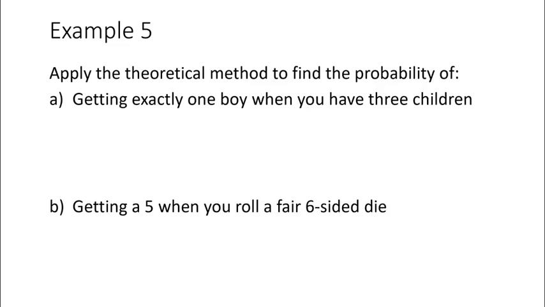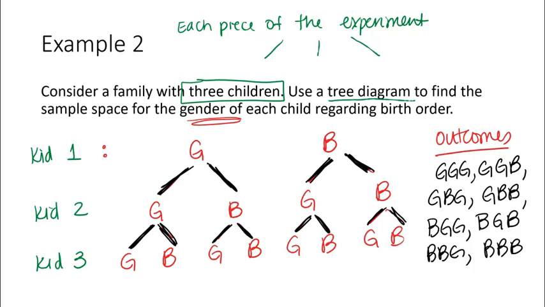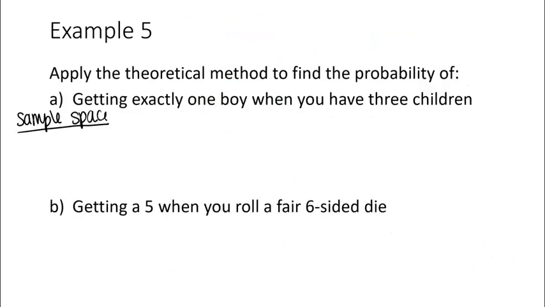If you are not given your sample space, you have to create it first. We looked at 3 children in our first video, and we found that there were 1, 2, 3, 4, 5, 6, 7, 8 outcomes. So I'm going to go ahead and copy those down real quick.